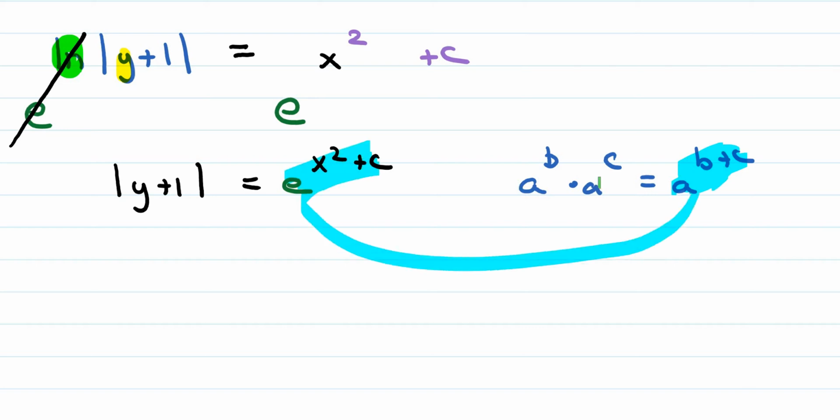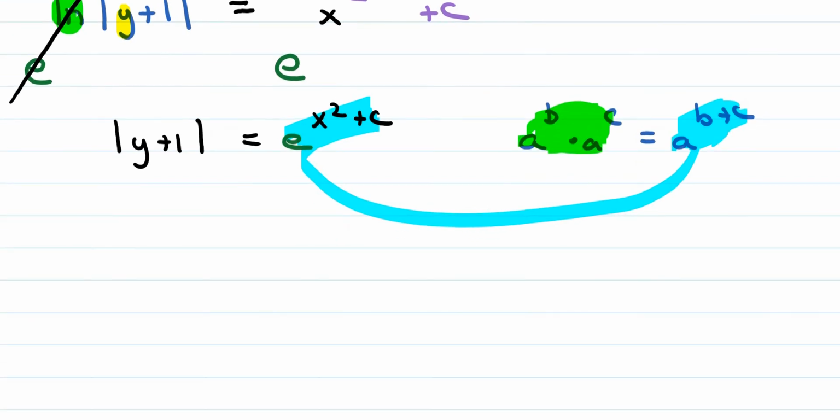So I need to split that part up into two separate bases, where the bases are the same but the exponents are different. So if I do that correctly, that's going to be e to the power of x squared times e to the power of c. And on the left hand side, the absolute value, you can just get rid of that because it's going to be a positive expression here. So just remove the absolute value signs for this particular problem.